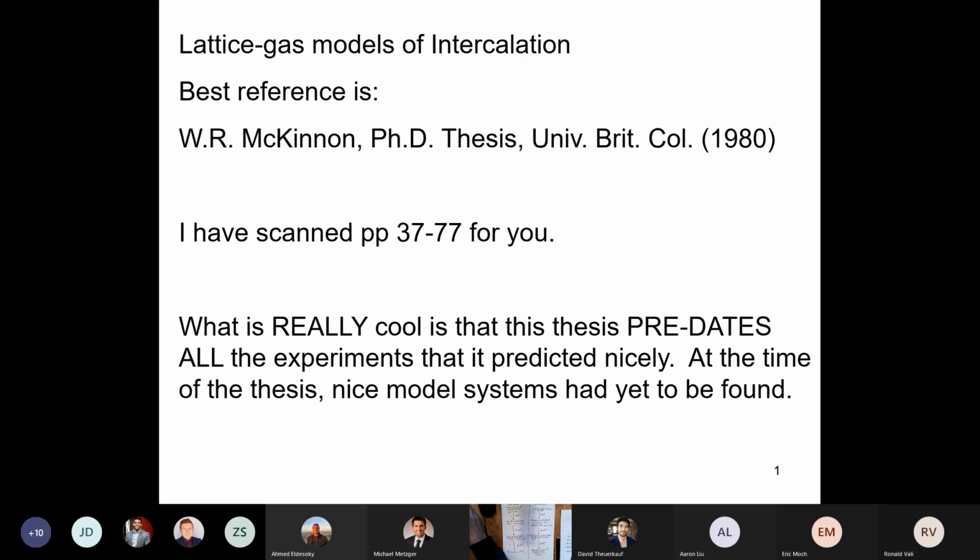It's gold in color, whereas graphite without lithium is gray. Everyone knows that. And you've changed the graphite from a semi-metal, when it has no lithium in it, to a metal when it's full of lithium. And nobody really understood how to think about the electronic structure changes in these materials.